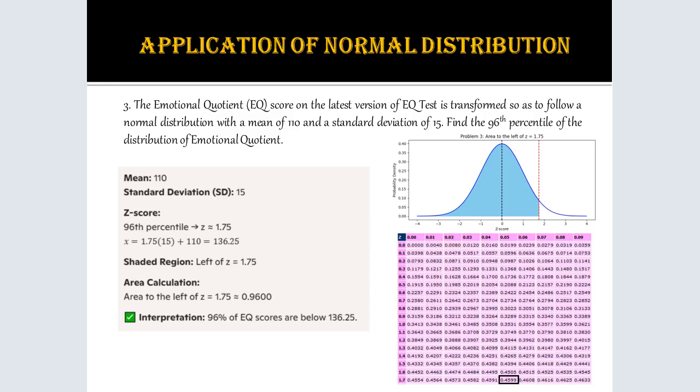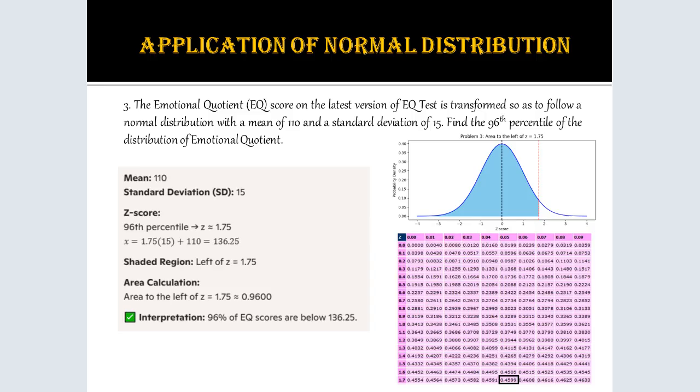Now, paano natin makukuha yung 96th percentile? So, meaning 96%. But makikita natin dun sa z-score, hanapin natin yung pinakamalapit, which is 0.46. Kasi 96 minus 50, so that would be 46% or 0.46. Now, kung hanapin natin dun sa z-table, ang pinakamalapit ay yung 1.75.